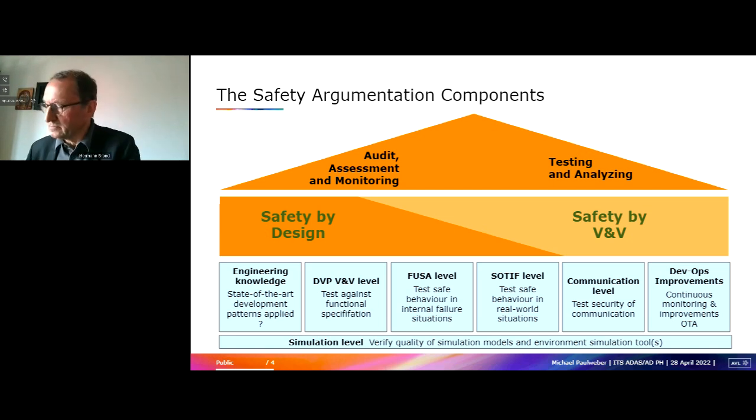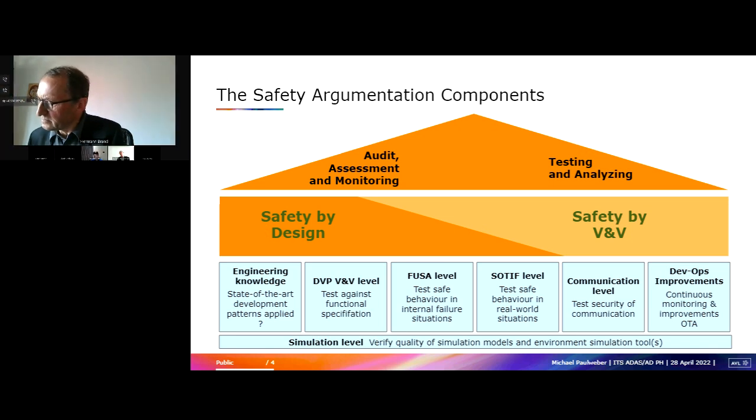In addition, you have another layer of problems which you have to check, that's the communication layer. It's common understanding that automated systems communicate with each other as well as with the infrastructure, and in there you have lots of possibility to interfere. That's more or less the cybersecurity level where you have to check that you are safe.